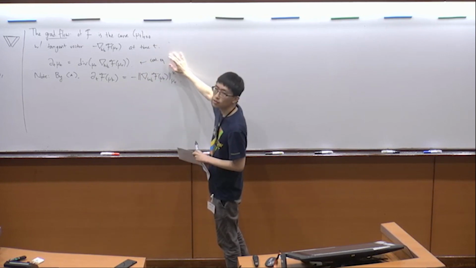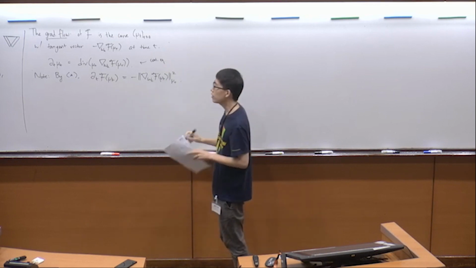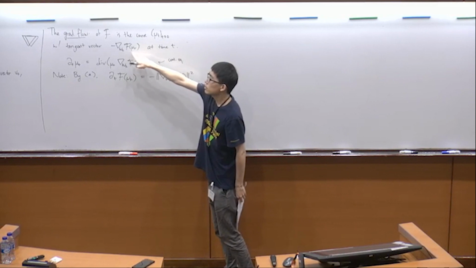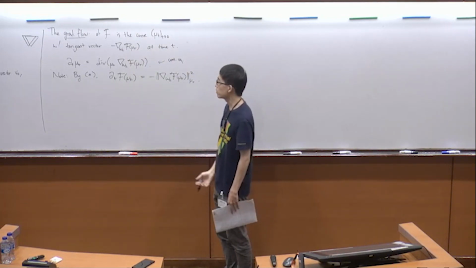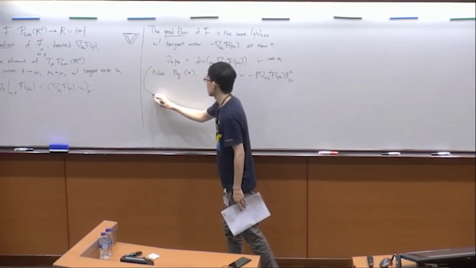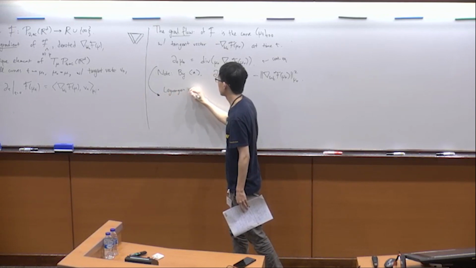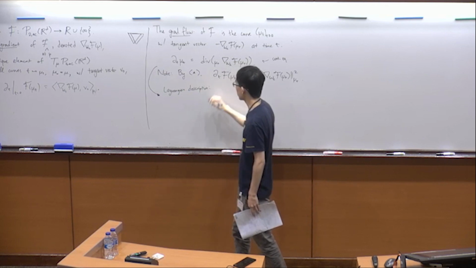So now we can go back and ask what's the Lagrangian interpretation of this equation. Because minus the Wasserstein gradient is the velocity vector field under which the measure is evolving, let's say the Lagrangian description is the following ODE.